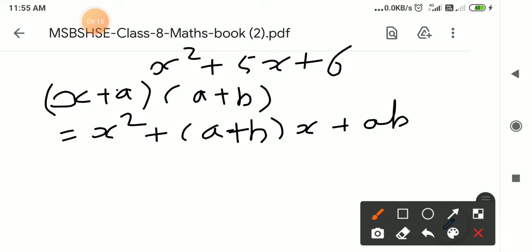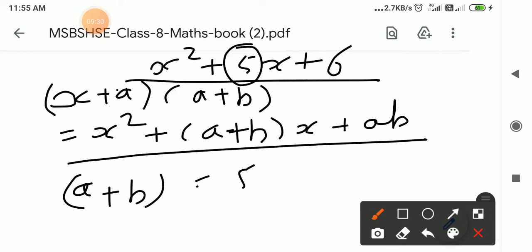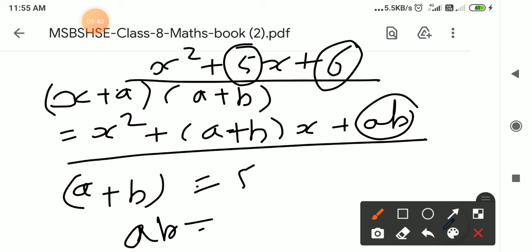Comparing these two, a plus b is 5 in this expression, meaning the addition of a and b is 5, and ab, the multiplication, is 6.